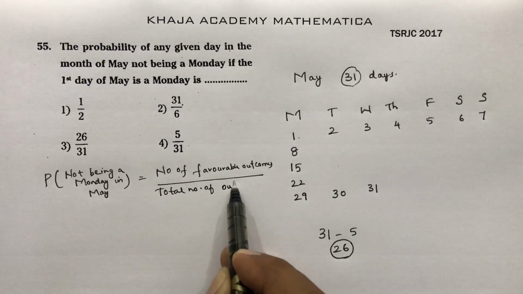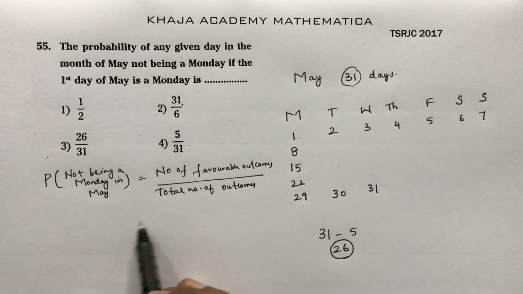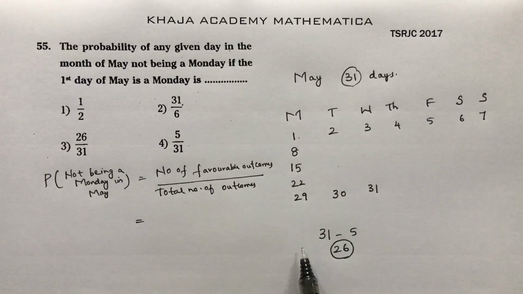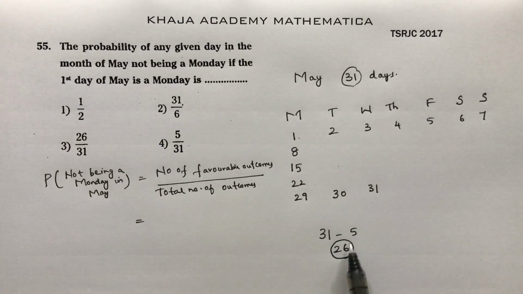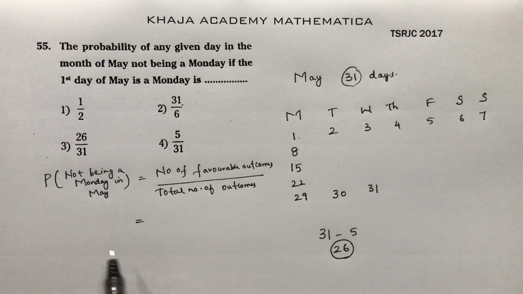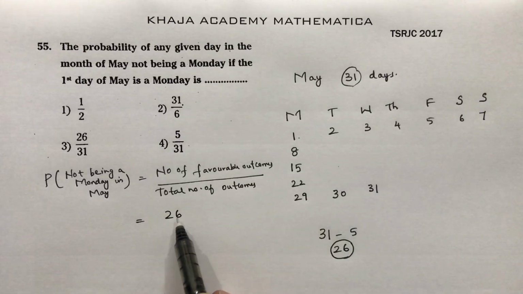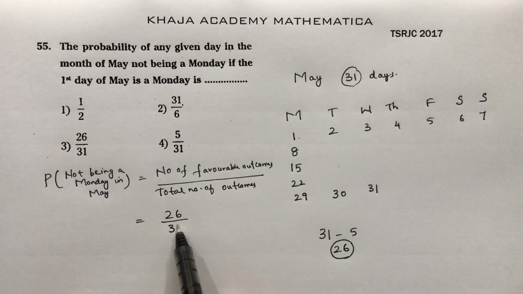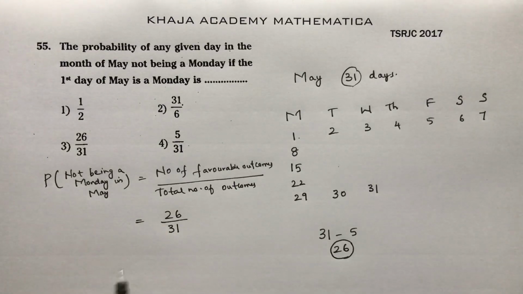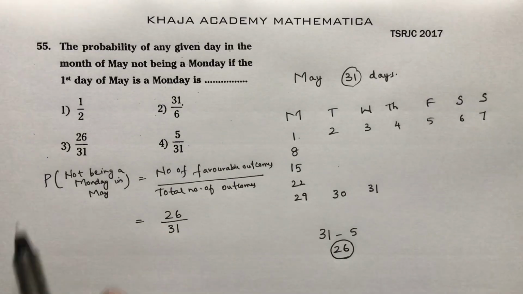Here, not being a Monday: Monday means it is 5, but not being a Monday is 26. The total number of outcomes in May is 31. So 26 by 31. So the correct option is 3.